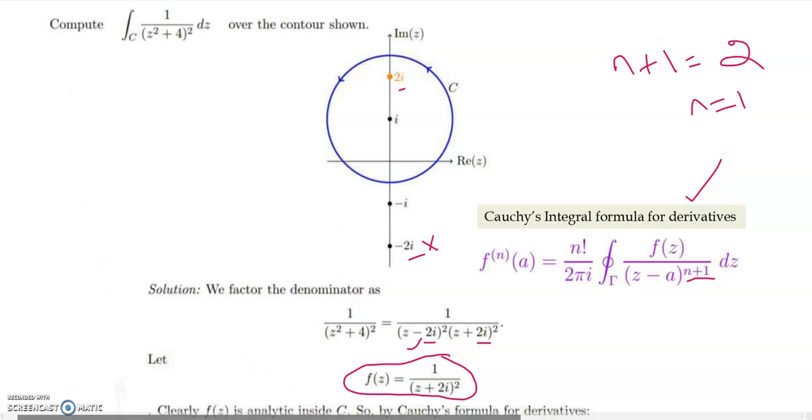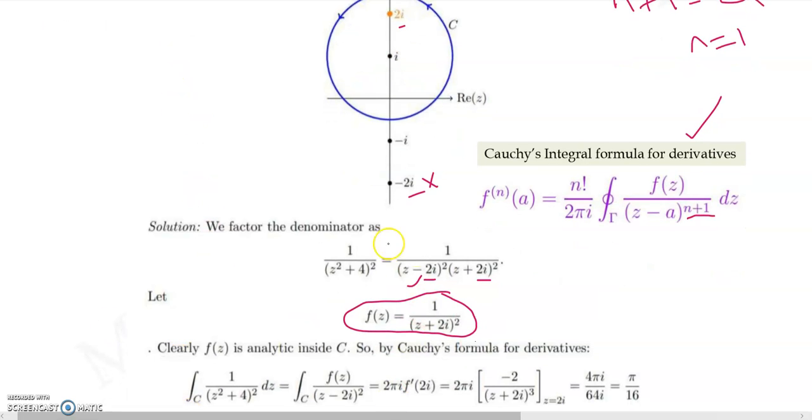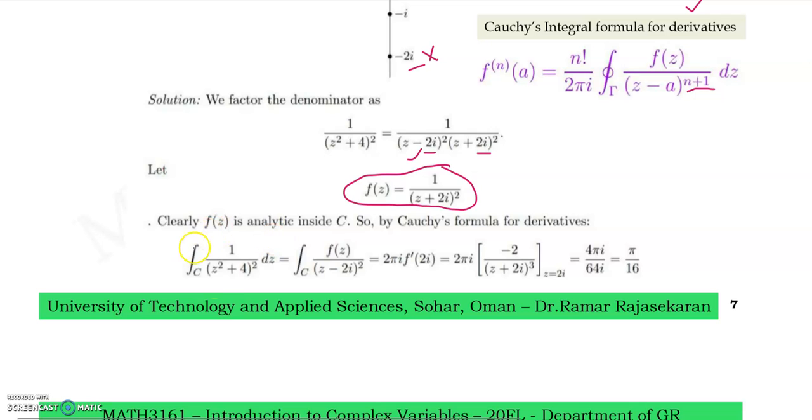Because your integrand is 1 over (z squared plus 4) whole squared, that is given in the question. So the integral over C of 1 by (z squared plus 4) whole squared dz is equal to, you write this. What is f of z? This is your f of z, because this point is not inside. This point is inside, which means a is 2i. So now you apply the rule: the nth derivative of f at a, multiplied by 2 pi i, divided by n factorial.